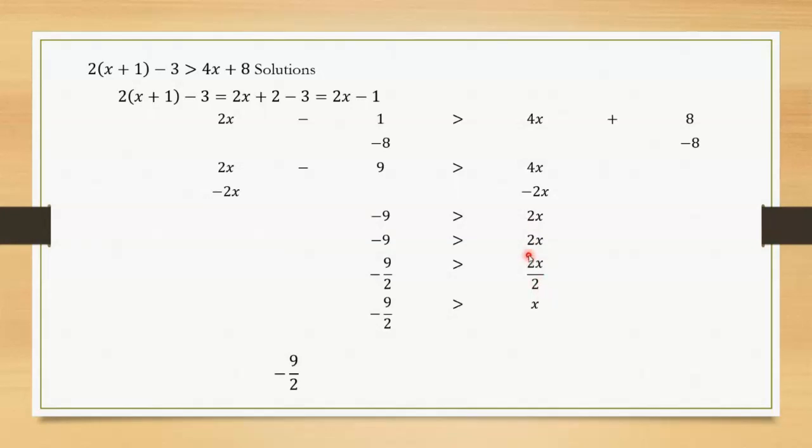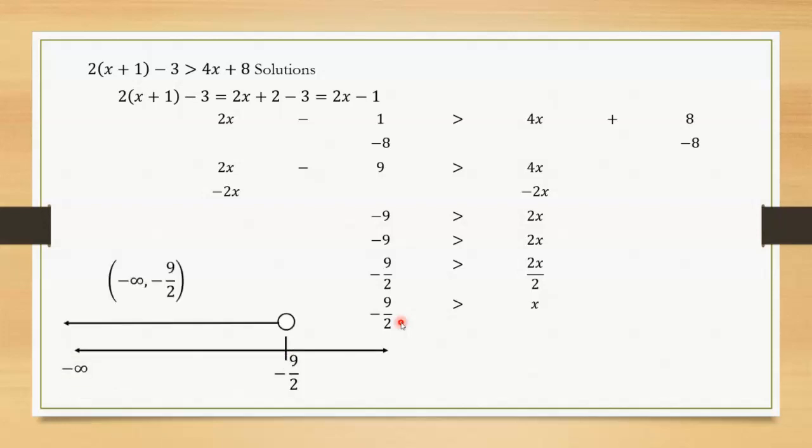I'm dividing both sides by 2 because I want x all alone. And then I can leave the inequality alone. I don't have to worry about flipping it. So we have negative 9 greater than 2x. We divide both sides by 2. We get x is less than negative 9 over 2.